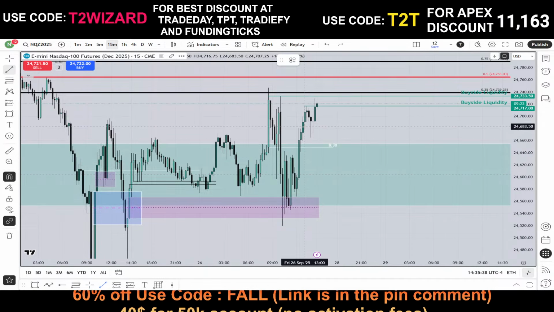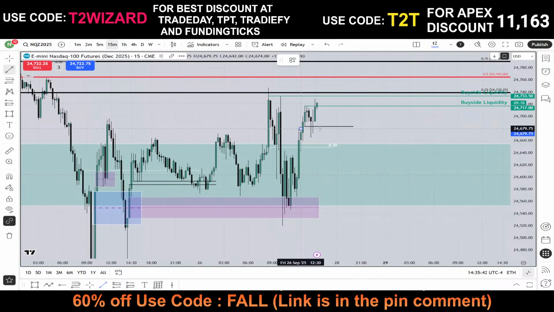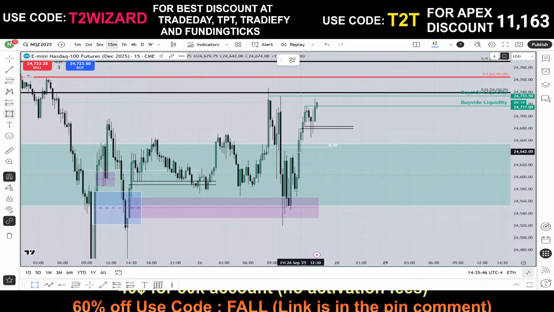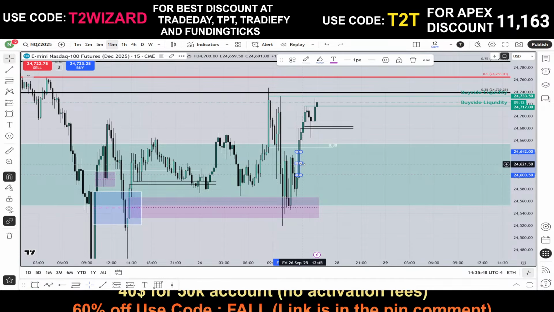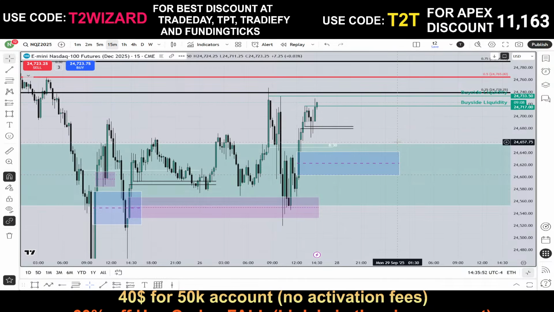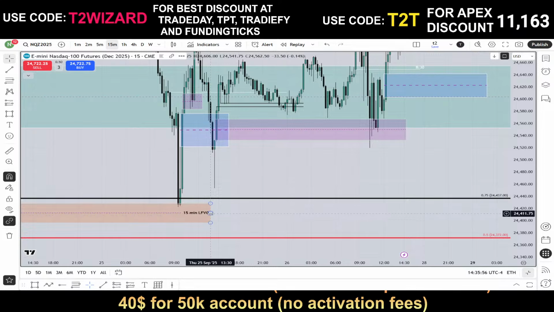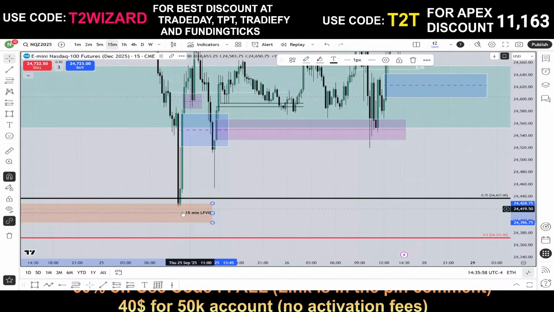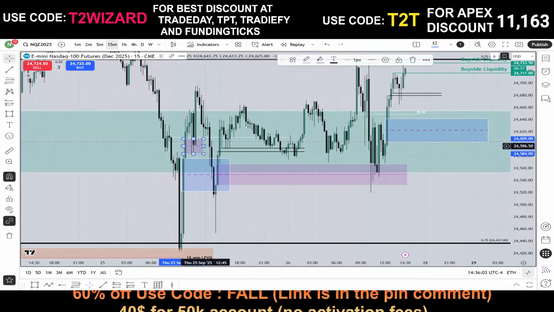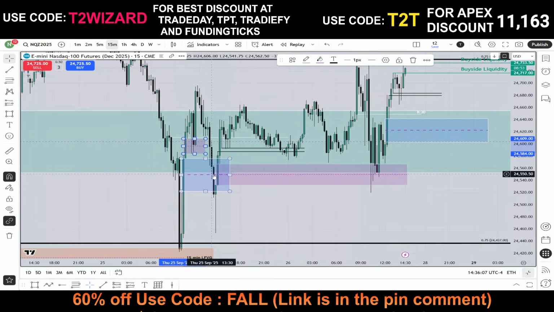Just keep watching. Focus on what I'm showing. This gap, and that gap. The market fell, came to this 50-minute last pivot gap, left the portion open. The market went higher. I need to see that this gap will be traded and then the market will go higher. This should not be touched.